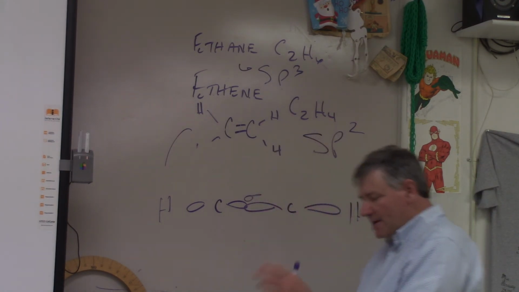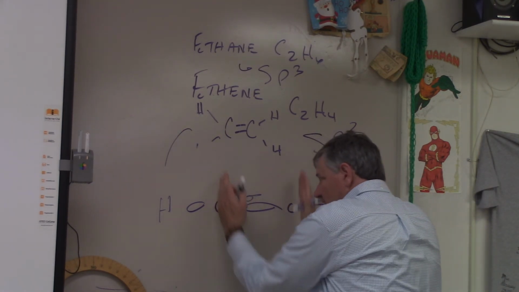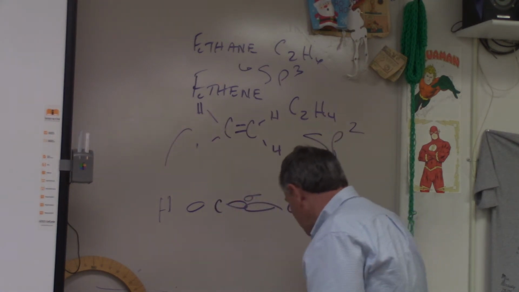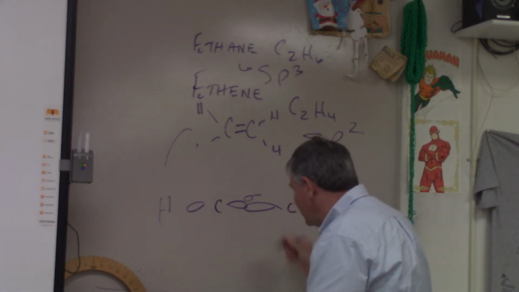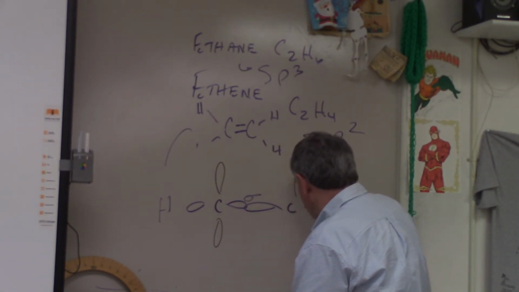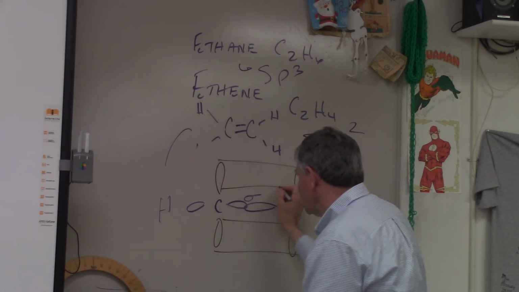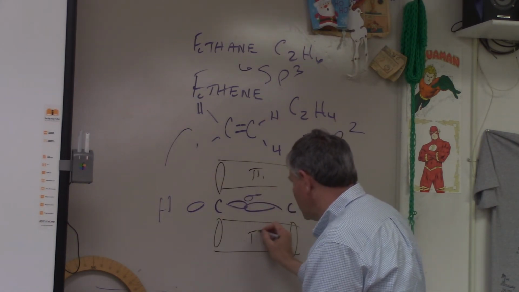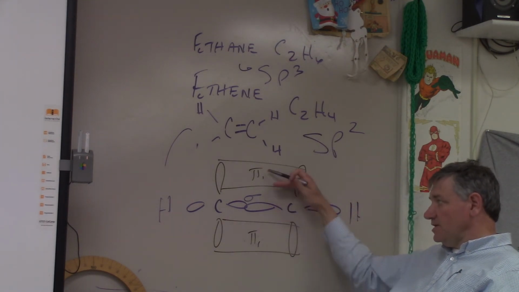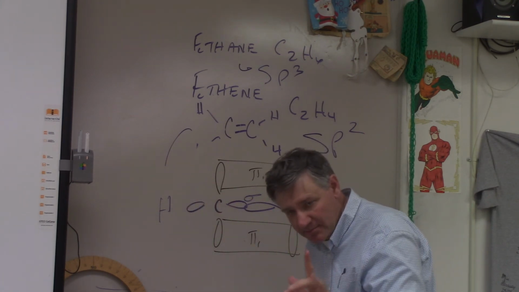Now on this axis here, imagine that I'm in the plane of the board. I'm going to have a non-hybridized p orbital here, and that together is going to form one of my pi bonds. So this whole thing, that's in the plane of the board, is making one of the pi bonds.